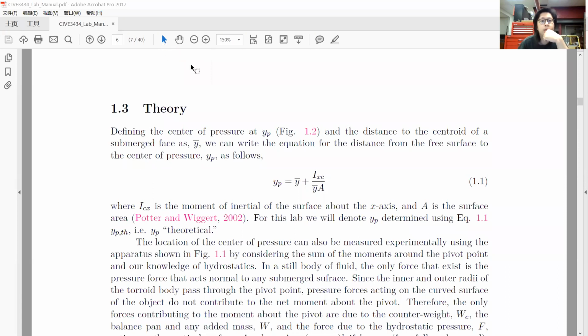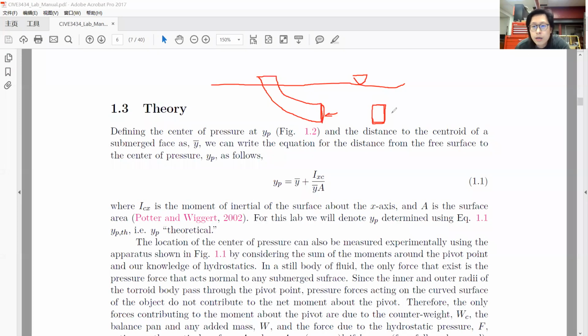So in our case, let me draw a picture in here. If we have a shape like this, and this is our water elevation. And if you see from this side, it will look like this.